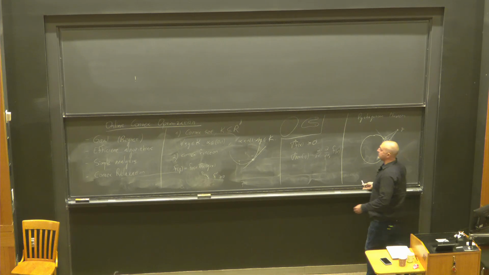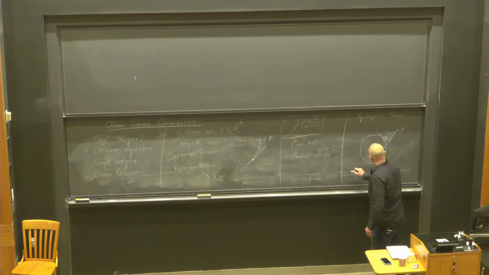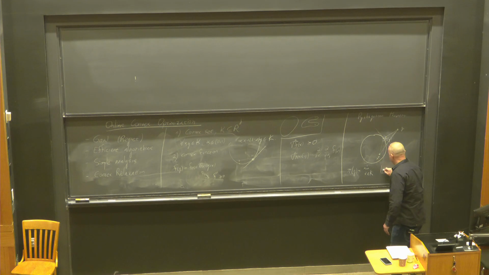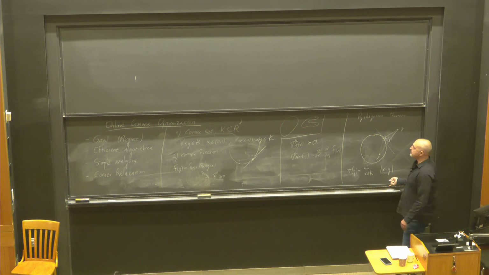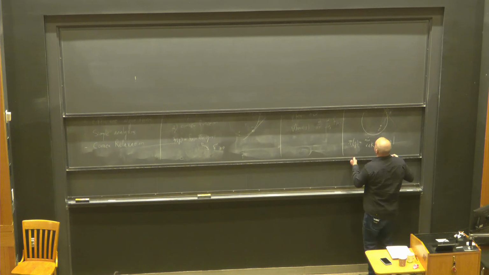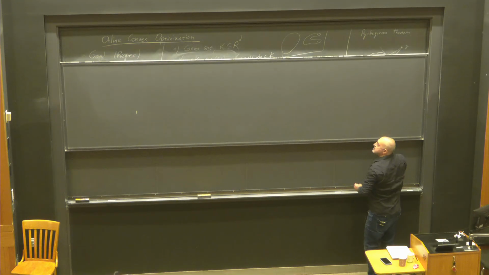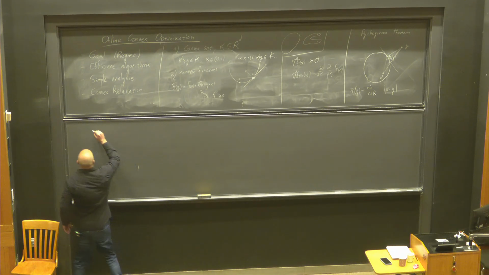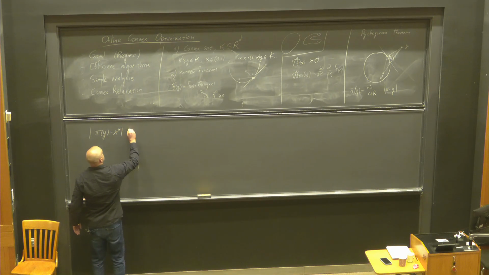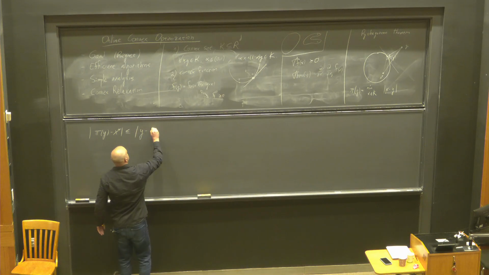So let me write it formally. If pi of y is equal to the minimum over x in K of the distance between x and y, that is the definition of a projection, then Pythagoras said that the distance between pi of y and x star is only smaller than the distance between y and x star.